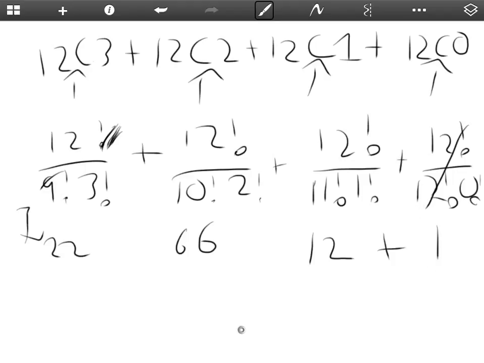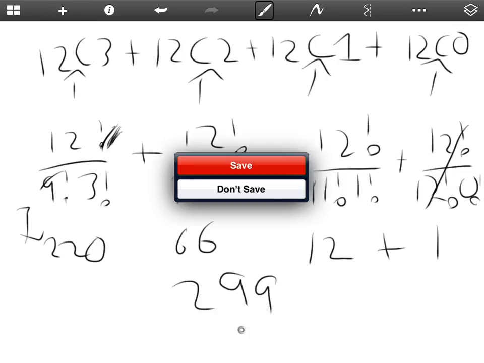So 220 plus 66 plus 12 plus 1 is 299. I don't think that's the right answer at all, but I've never seen the answer to this problem, so it's probably right.